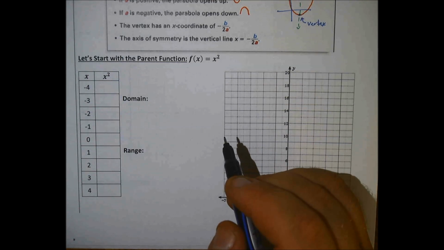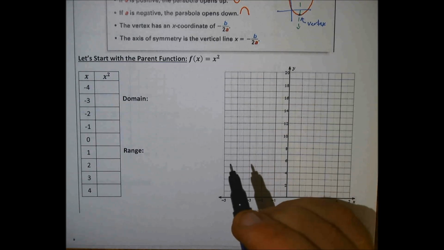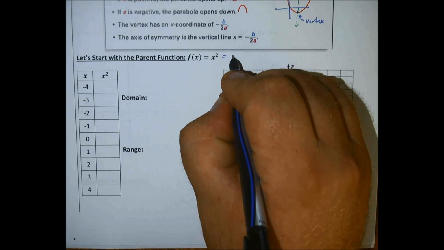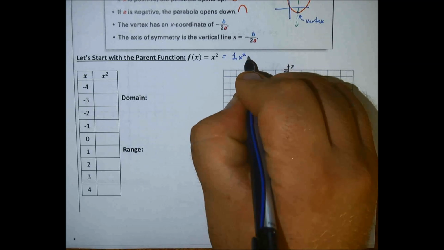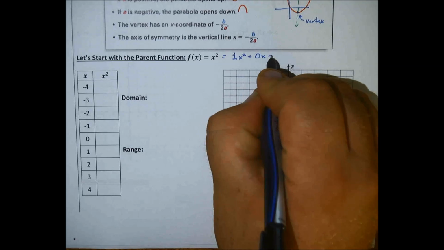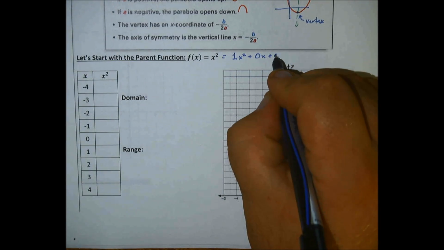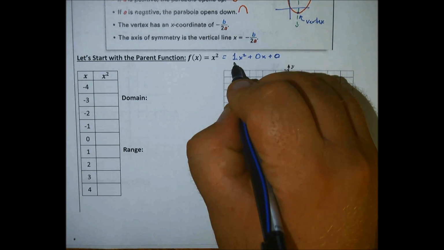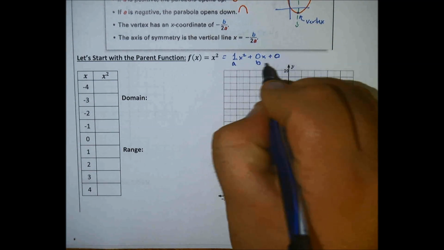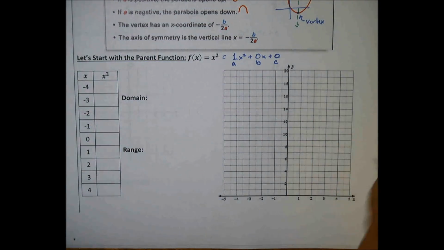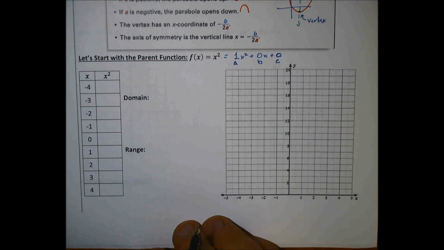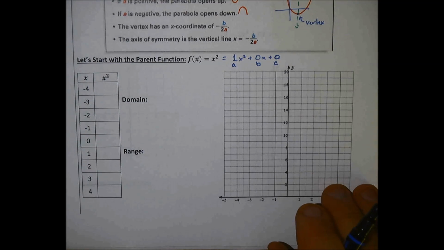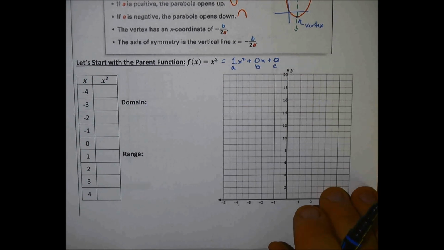So in this, and something that usually helps people out, is to say that that's the same thing as 1x squared plus 0x plus 0. But what I'm getting at here is that here is my a, here is my b, and here is my c. Okay, and I'm going to use those three letters to figure out the different pieces of this graph.